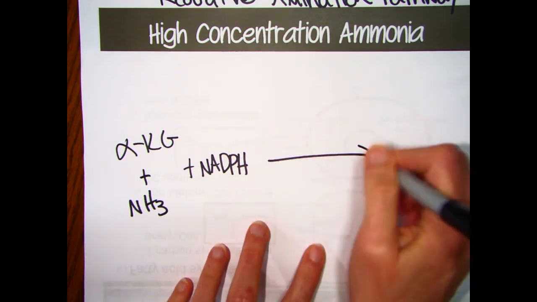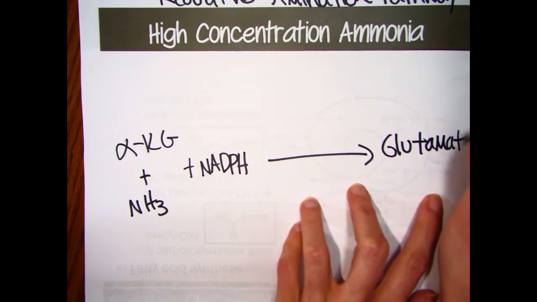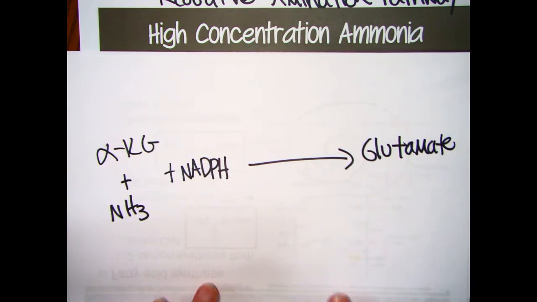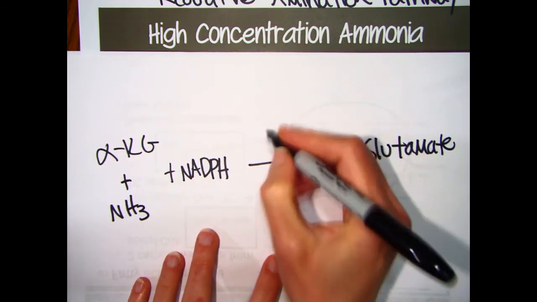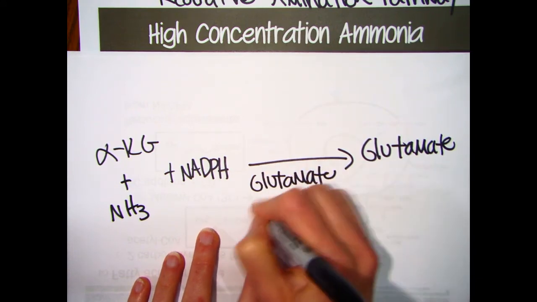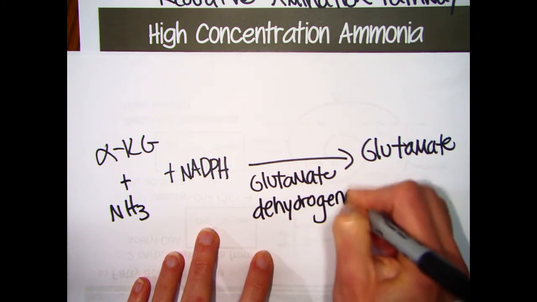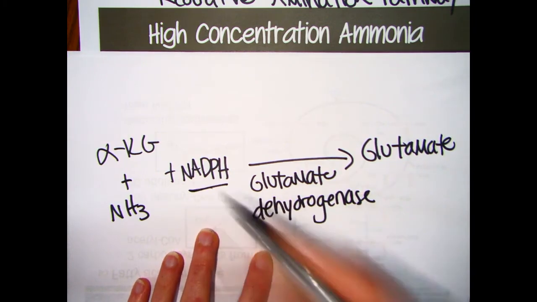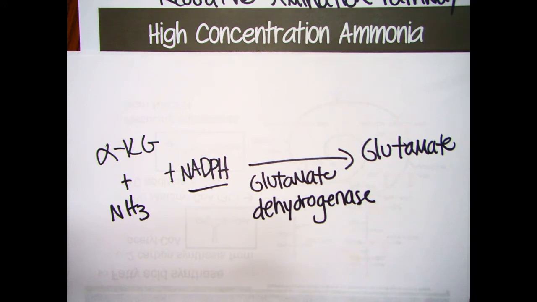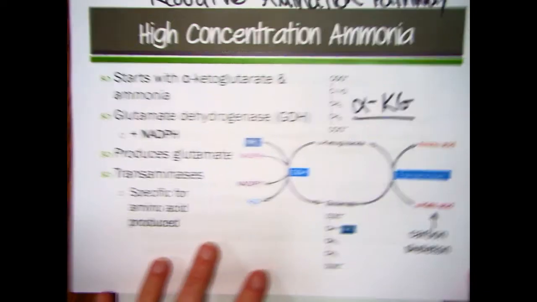And so this process makes the amino acid glutamate. This is catalyzed by the enzyme glutamate dehydrogenase. This enzyme requires NADPH but does not require ATP. Okay, so that is what you can see here.